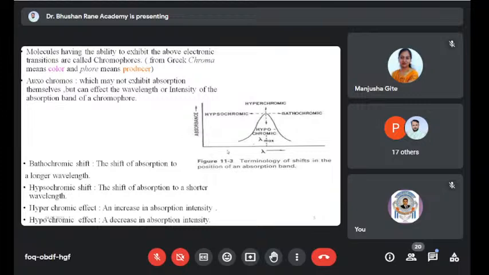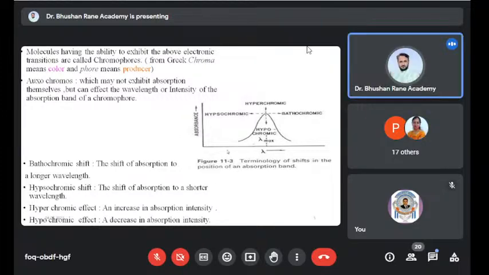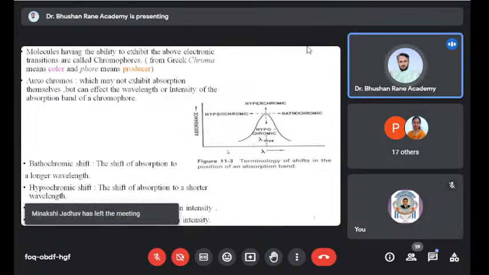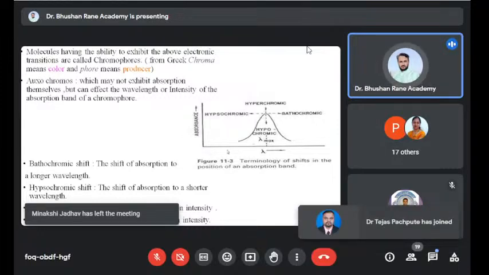So that example that I want to discuss with you all: when we scan paracetamol in a UV-visible spectrophotometer in different solvents, you can understand the concept of bathochromic and hypsochromic shift.